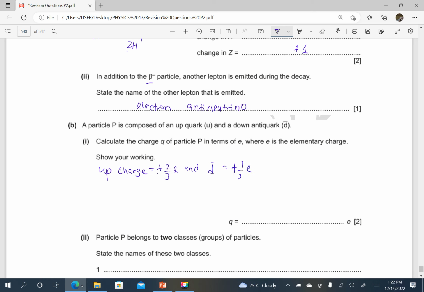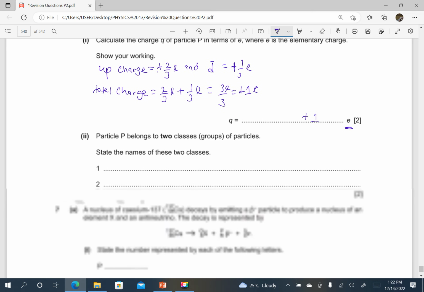We saw these charges. So total charge is going to be +2/3e plus 1/3e, which is going to be 3e/3, and the charge is going to be +1e. So it is +1 because the e is already given.